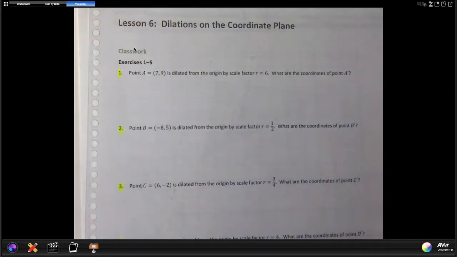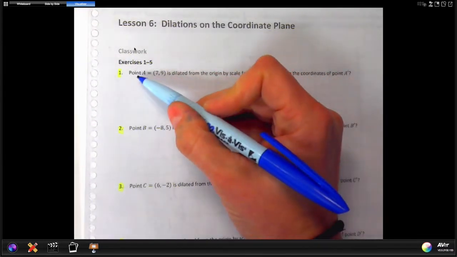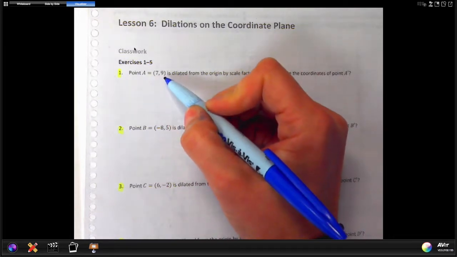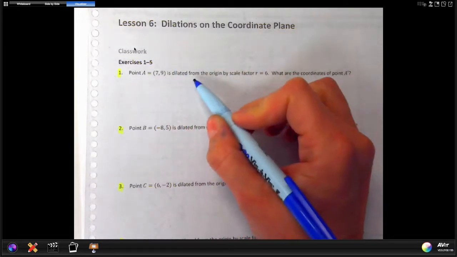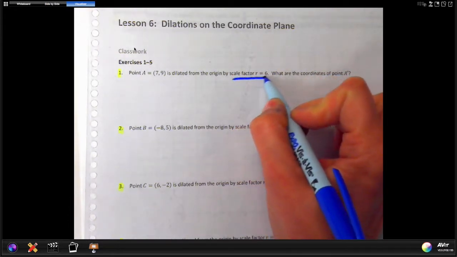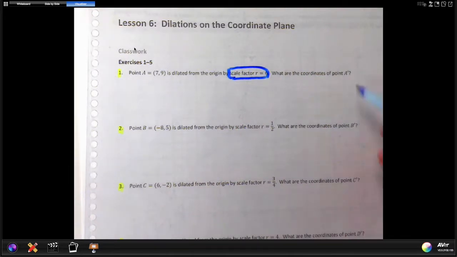So we're going to start here with Exercise 1, and it says point A equals 7, 9 is dilated from the origin by a scale factor r equals 6. That's important information. What are the coordinates of point A prime?